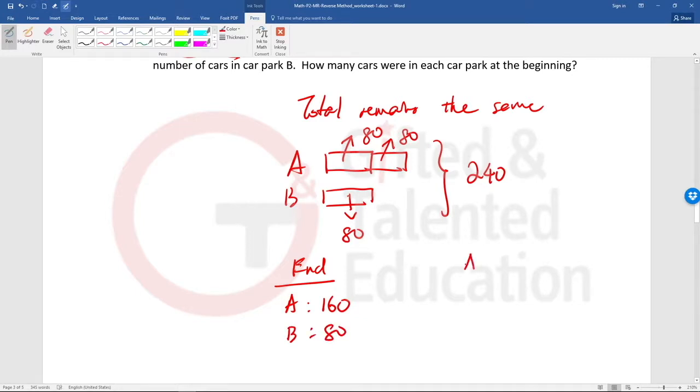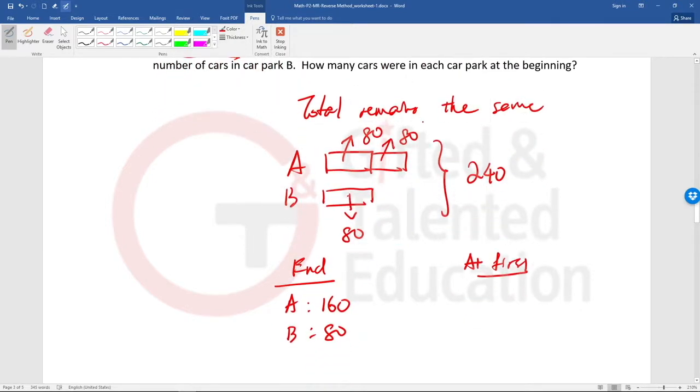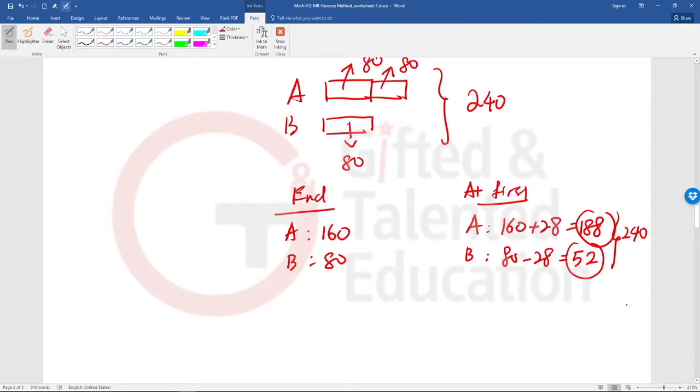So at first, how many cars were there in A and B? 28 cars from A were driven to B. So at first, A would have 160 plus 28 giving us 188 cars, and B would have 80 minus 28 giving us 52 cars, and we check that 188 plus 52 gives us 240. Therefore the answer is 188 in A and 52 in B at first.